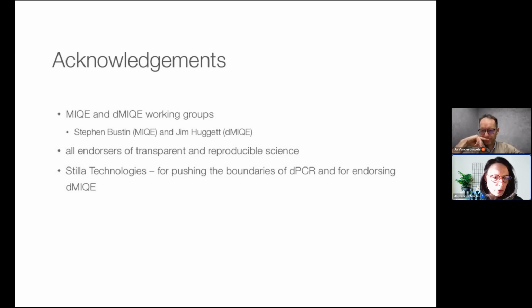Yes, Stila does support higher order multiplexing for all 7 channels of the NIO Plus through the use of the new Flex probe, which are also a set of universal reporters optimized for use in Ruby Chip. And with this probe, we also offer surface assays, and they are conceived keeping the dMIQE guidelines in mind, of course. Excellent. Good news.